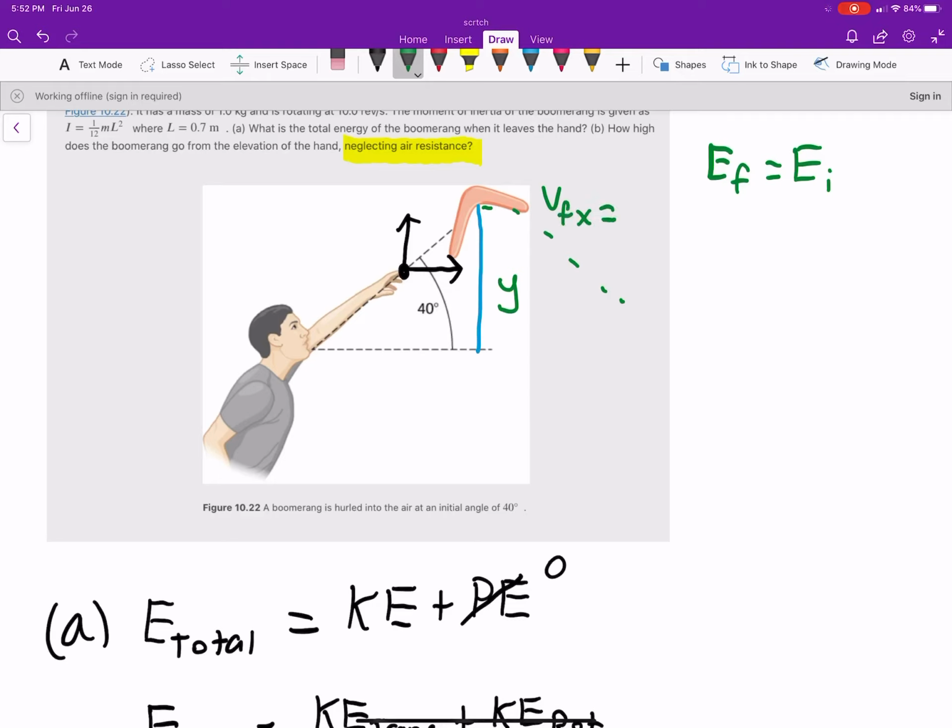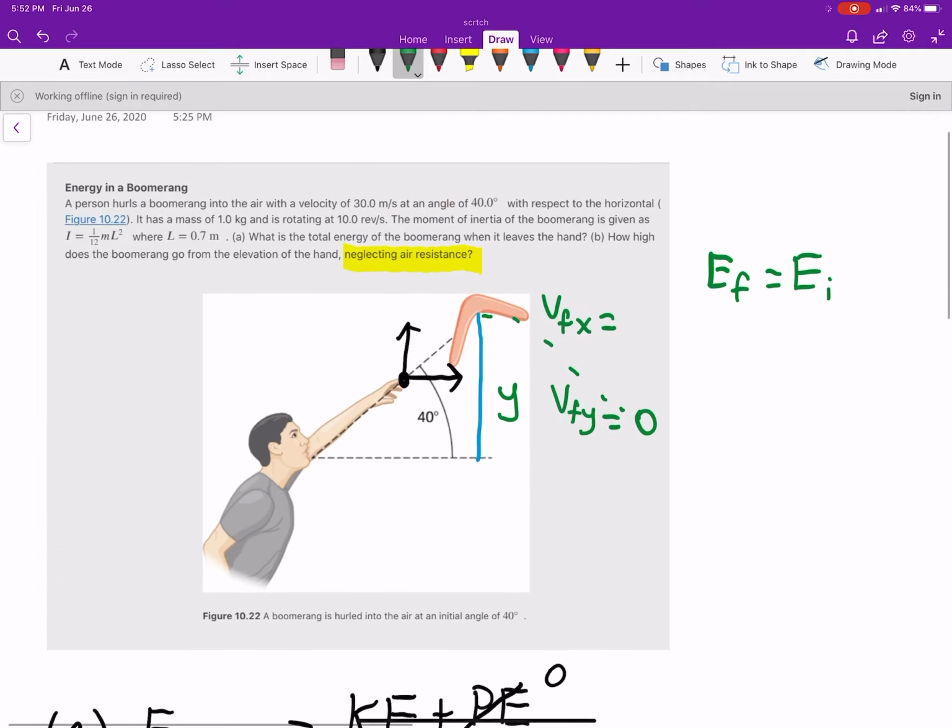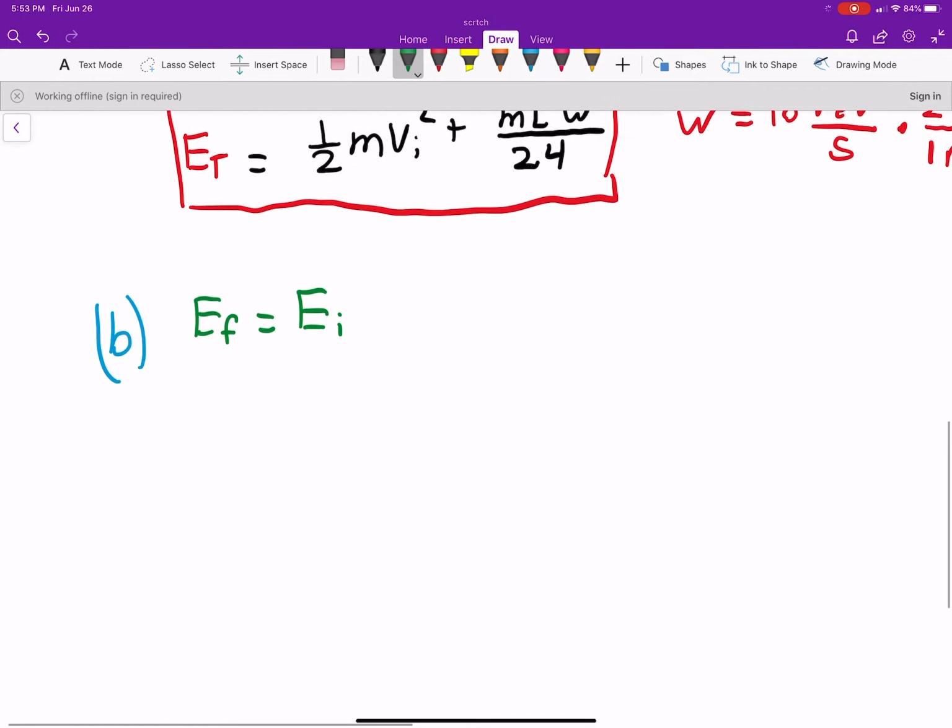The velocity in the y direction will be 0, because it's the same thing if you throw a ball up in the air. If you want to know how high it goes, you want to know where it's turning back around. So at that particular moment, that's 0.